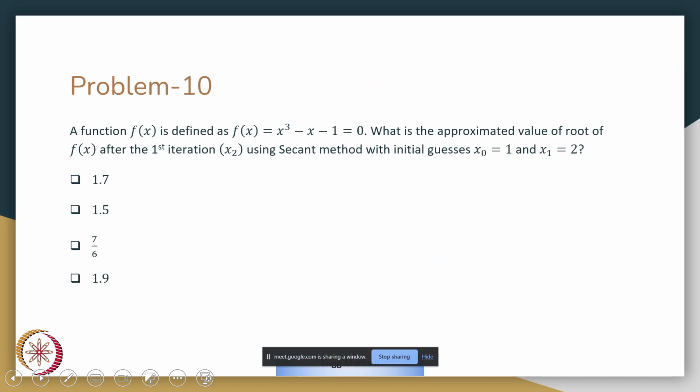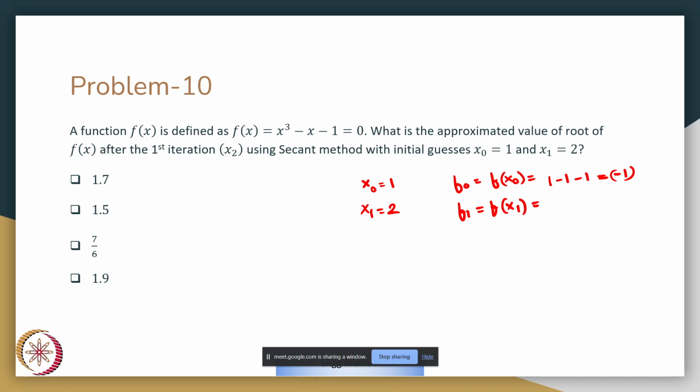And finally, for the final problem, again we have the second method. Again, we'll do the same thing. We want to find the approximate value of the root after the first iteration using the second method for this particular polynomial. We are given x0 to be 1. Therefore, my f0, which is f of x0, would be nothing but 1 minus 1 minus 1, which is minus 1. My x1 is 2. Therefore, my f1 is f of x1, which turns out to be 2 cube is 8 minus 2 minus 1, which is 5.